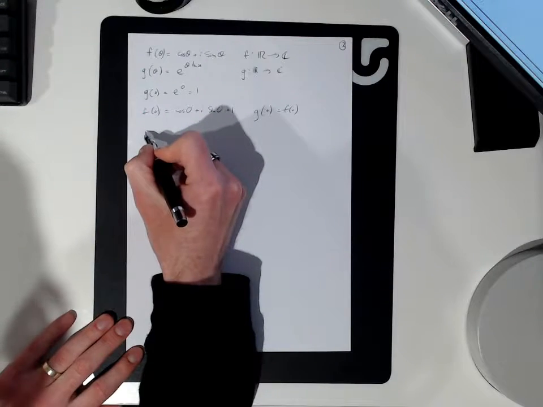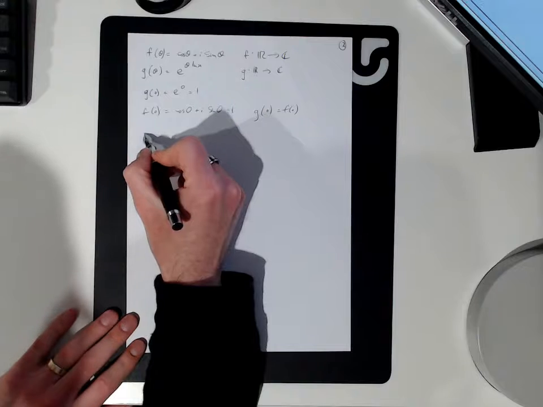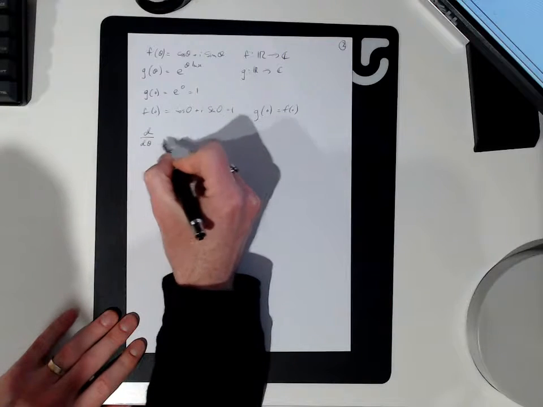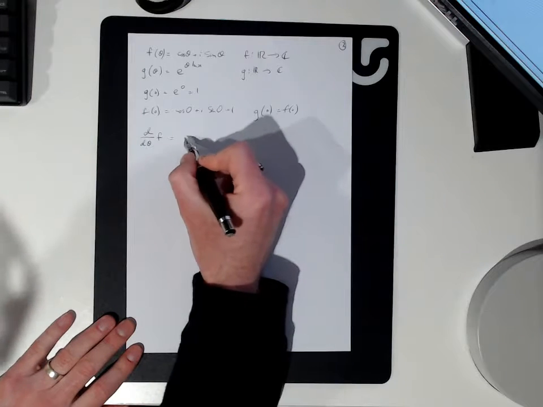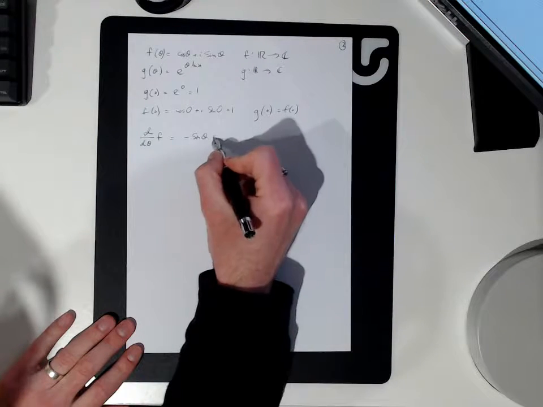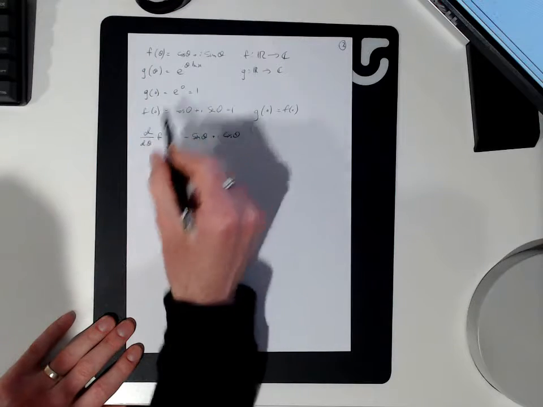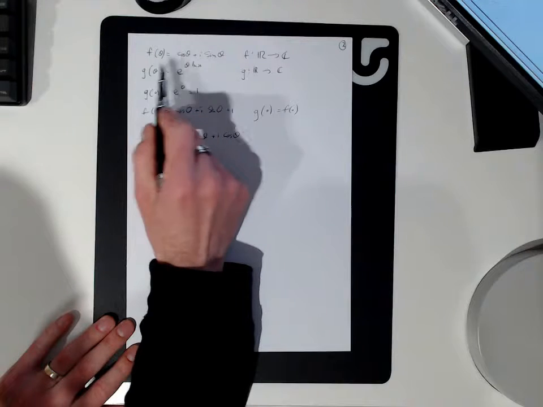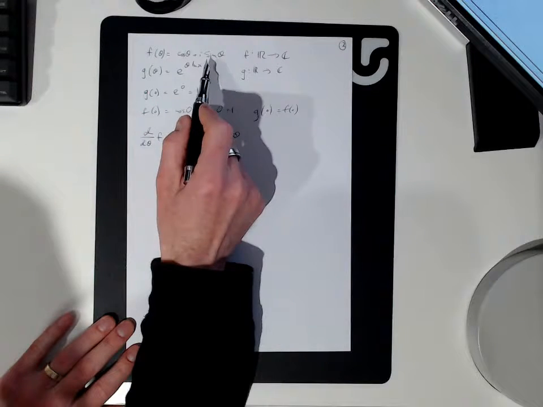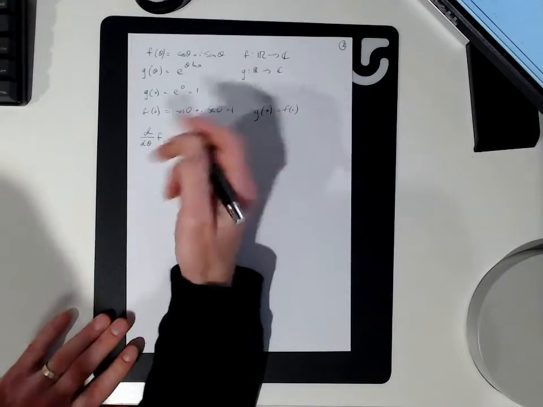Okay, now this is a little awkward because this hasn't really been defined for you, but I'm going to take the derivative of f with respect to theta, and this is going to be minus sin theta plus i cos theta. So what I've done is I've applied the derivative component-wise to the real and imaginary components of the function f. So I'm ignoring this i, I'm treating it like a constant like you would in the real numbers.